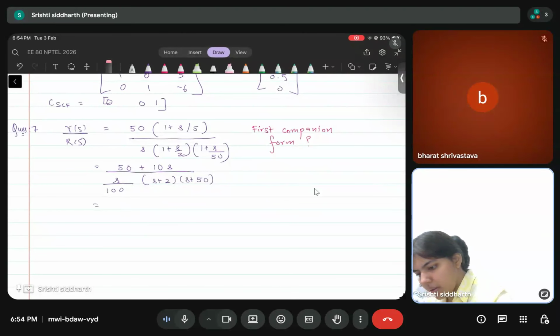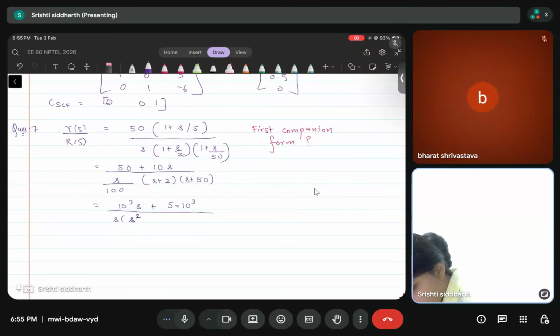Let's write this down in the decreasing powers of s. This is 10 to the power 3 s plus 5 into 10 to the power 3, over s cubed plus 52s squared plus 100s.